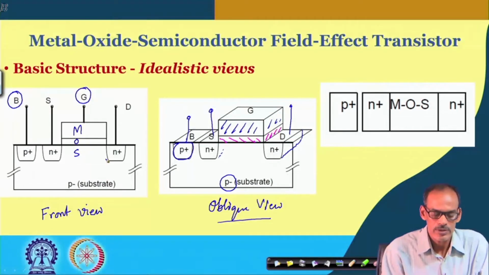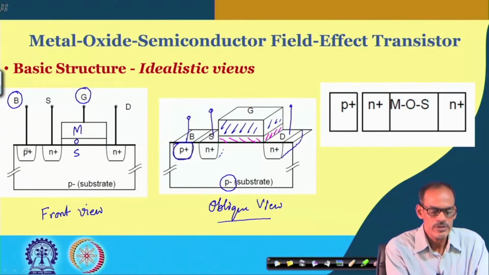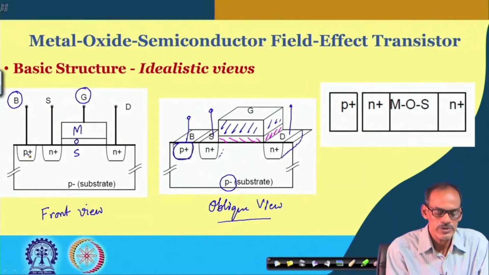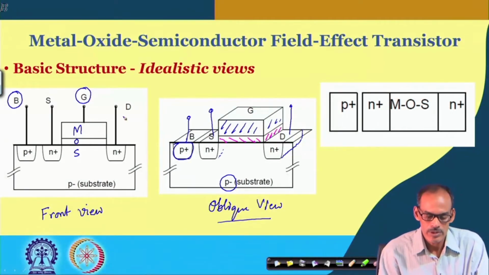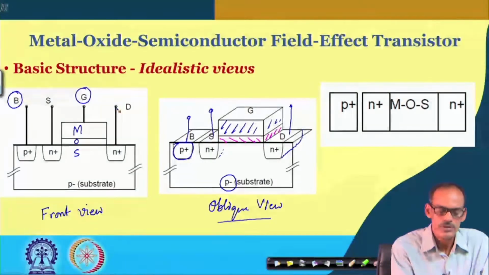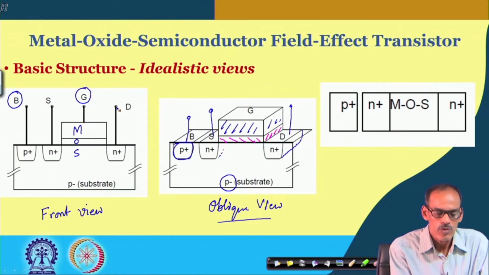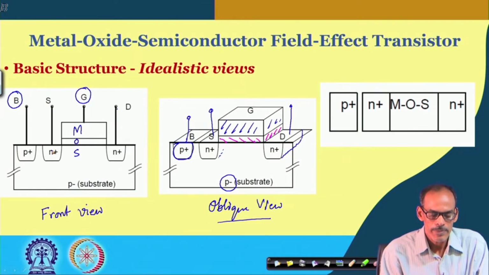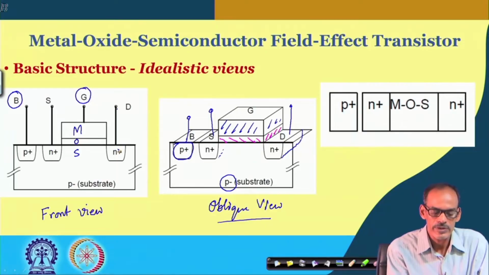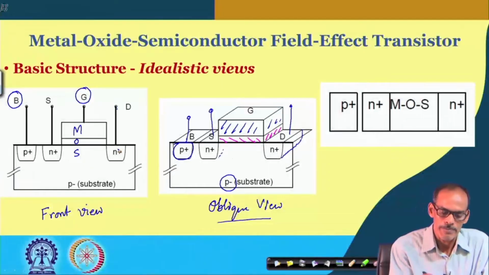They are in fact similar in nature, though in this diagram the source is shown close to this p plus region, but actually these two terminals can be interchanged, and depending on their relative voltage potential, one of them we call source, namely whichever is sourcing the carrier, and whichever is collecting or wherever it is draining to, we call it drain.